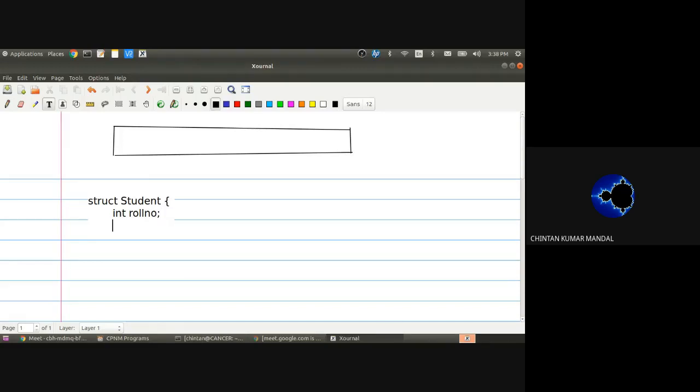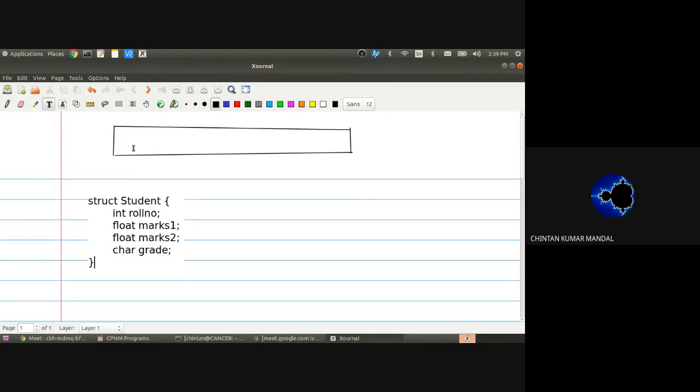Then a float marks 1, and float marks 2, and let's say a char grade. So let's say this is my structure. Let's see how it's going to be kept in memory.